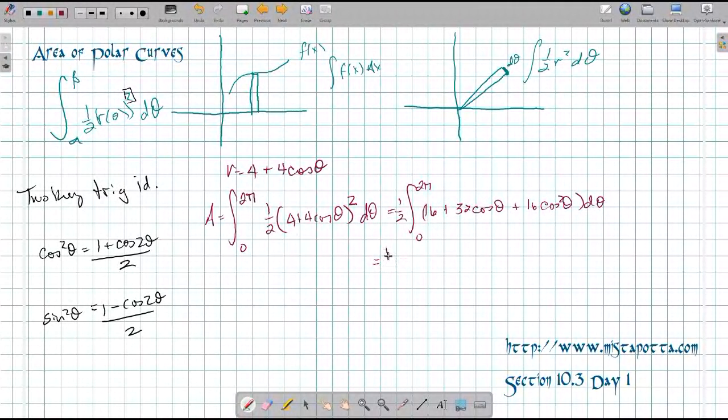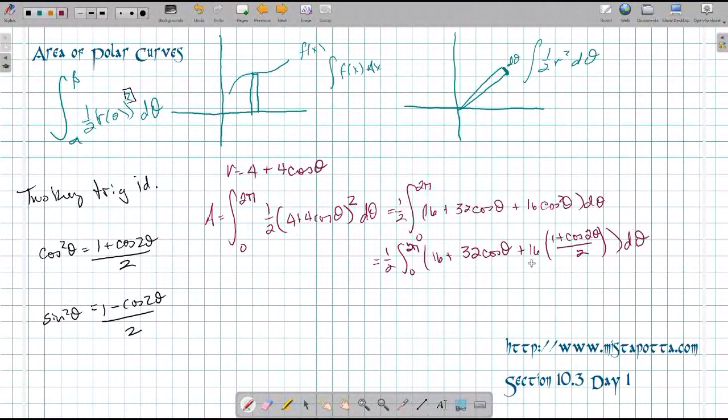So I'm going to end up with 1/2 times the integral from 0 to 2 pi of 16 plus 32 cosine theta plus, this is going to be 16 times (1 plus cosine 2 theta) over 2. And I'm going to be integrating that with respect to theta.